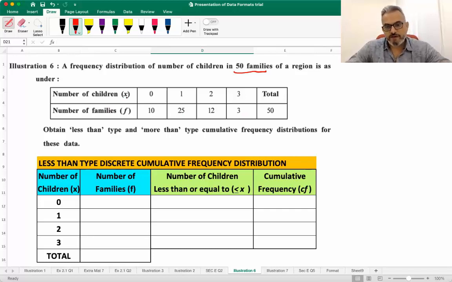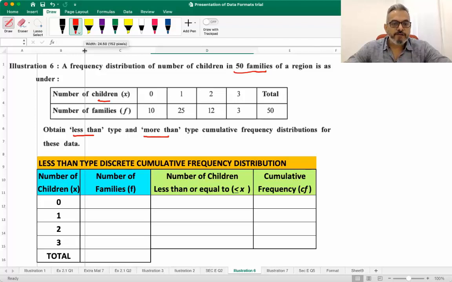So frequency is given and variable is given. Number of kids are variable and number of families. So we count कि 0 kids वाले कितने family, 1 kid वाले कितने family, 2 kids वाले कितने, 3 kids वाले कितने family. So total 50 families are there. Obtain less than type and more than type cumulative frequency distribution from these data.